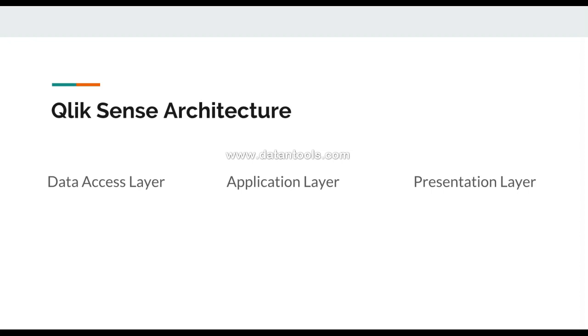Whatever the designer creates, the end user will just look up in the presentation layer and get access to all of those different types of charts. So that is, at a very high level, your Qlik Sense architecture.